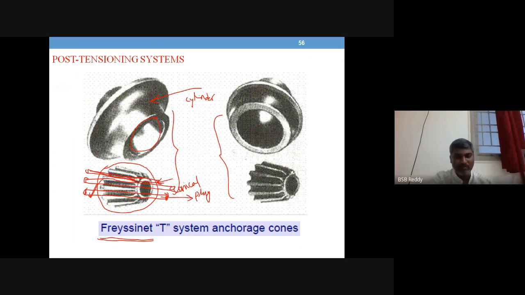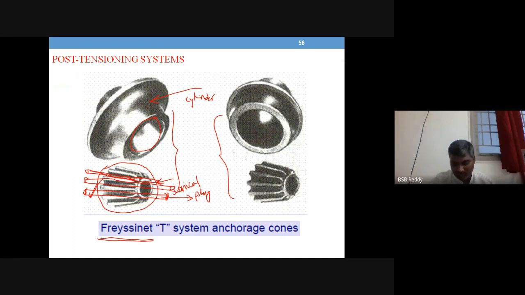So there is a conical plug, and it consists of a cylinder with a conical interior through which high tensile steel wires will pass. These will be housed in the slots available around this conical plug.